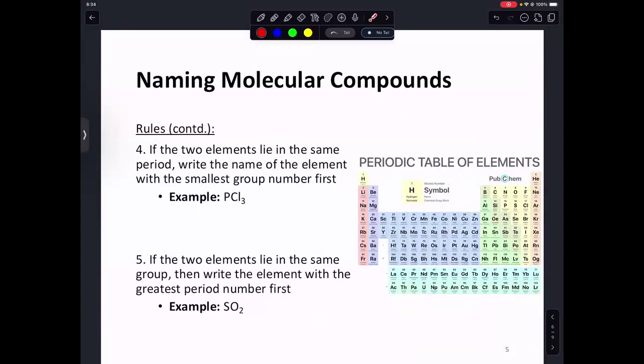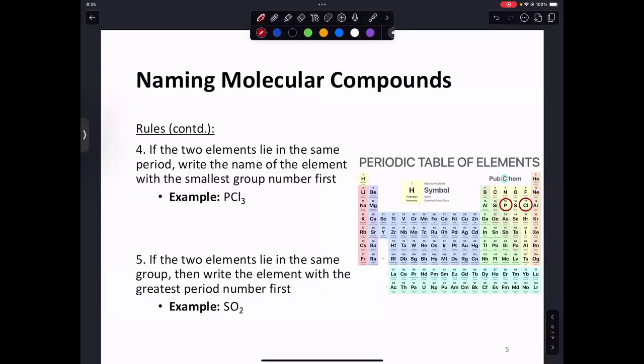Now, what if I have two elements that lie in the same period? Which one takes priority? For example, PCl3. Let's look, where is PCl3 in our periodic table? It is here in the third period, so phosphorus and chlorine are together here. In this case, we write the name of the element in the smallest group first.